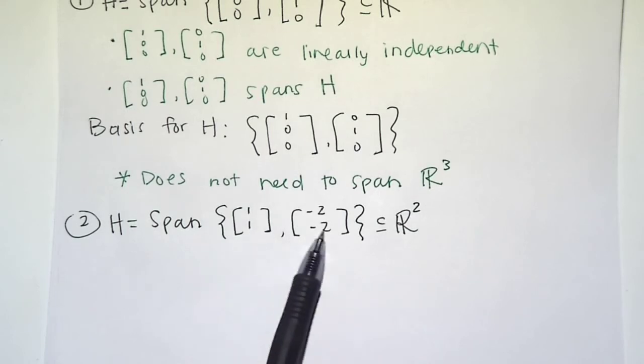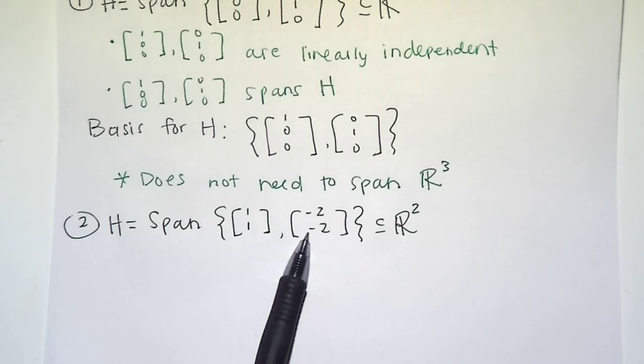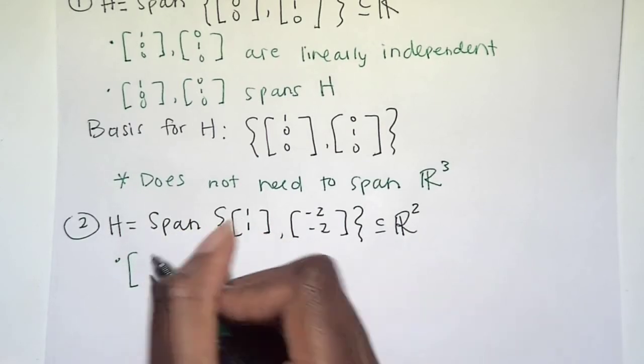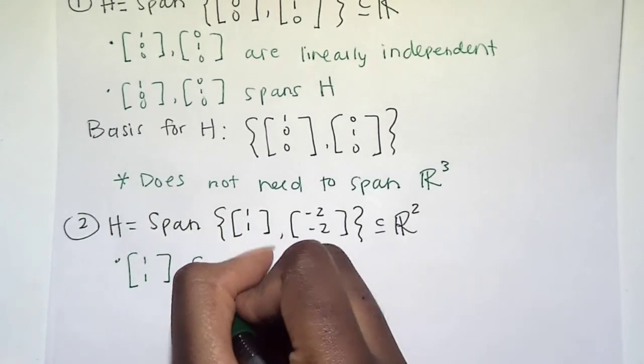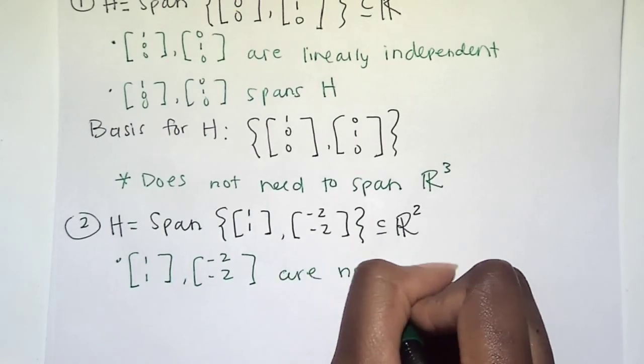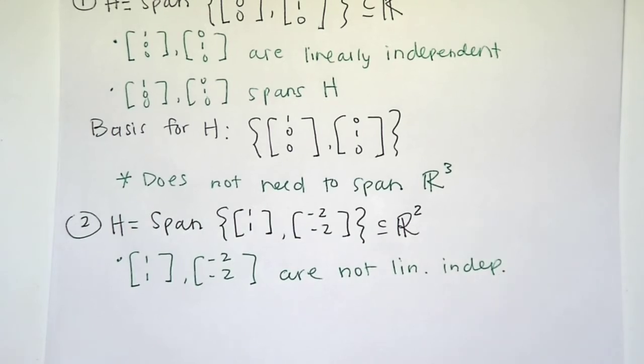Could we use these two vectors as our basis elements? Well, these are not linearly independent. Therefore, these two do not form a basis for H.